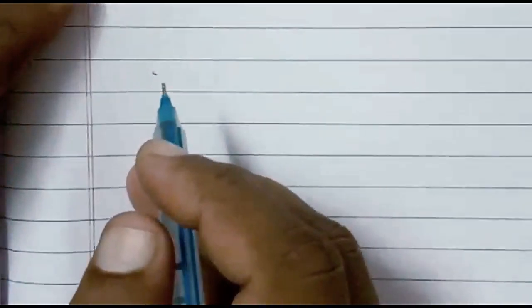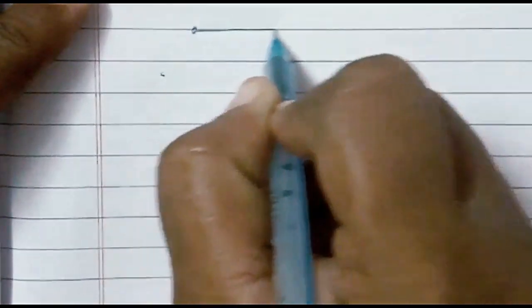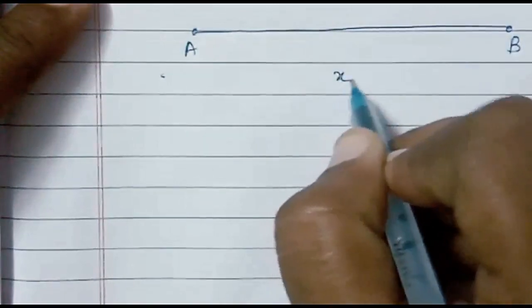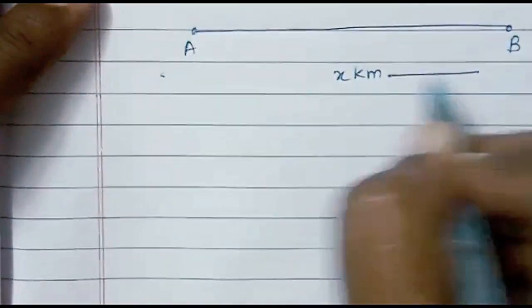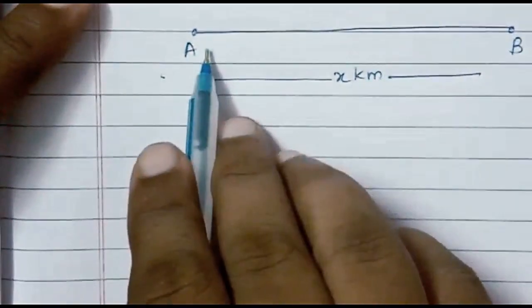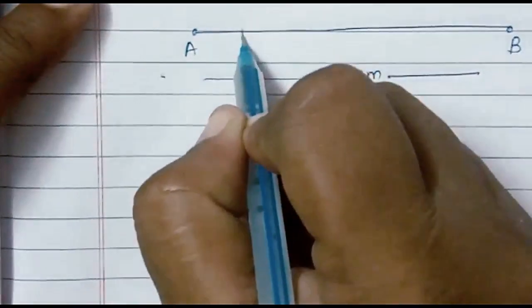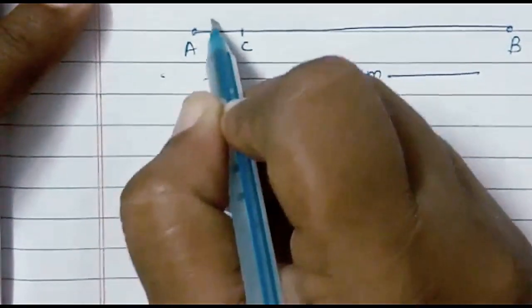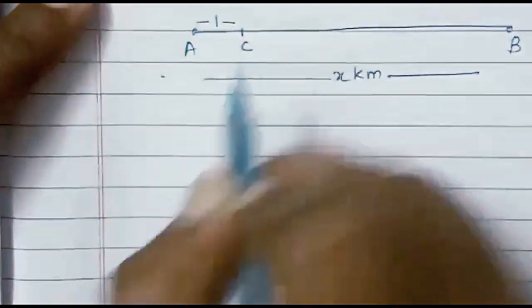So let us start. Now here let me show you a situation from point A to B. Suppose the total distance is x kilometer, right? A person is traveling from A to B, in which from point A to C the distance travelled is 1 kilometer.